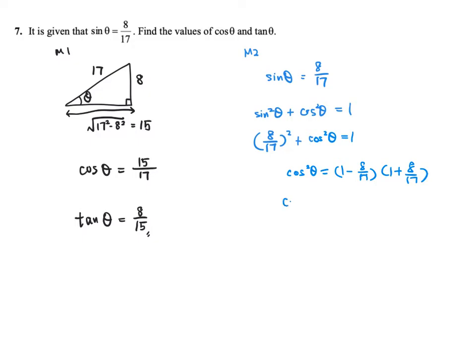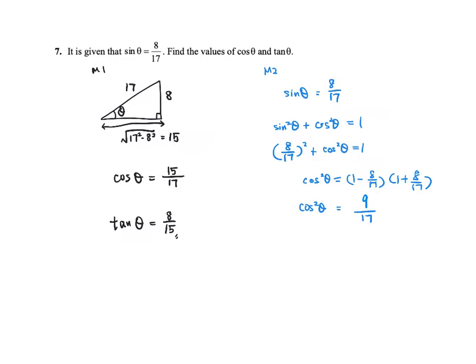That is why you know cosine square theta equals 17 squared minus 8 squared over 17 squared, which is 9 times 25 over 17 squared. So you can check cosine square theta equals this. So you know cosine theta equals 15 over 17.